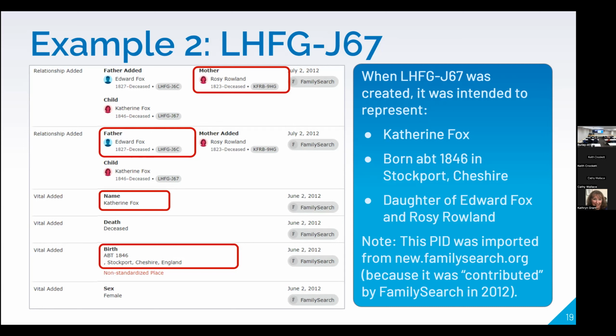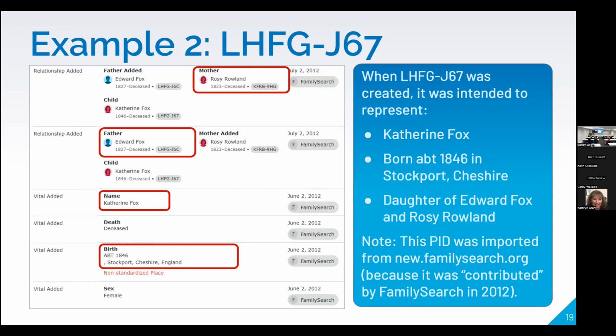Well, actually, I was in a meeting with a FamilySearch manager and we asked him about this. And he said, oh, this means that, notice the date of 2012. That's when Family Tree started and the old system, which was ironically called new.familysearch.org, shut down.